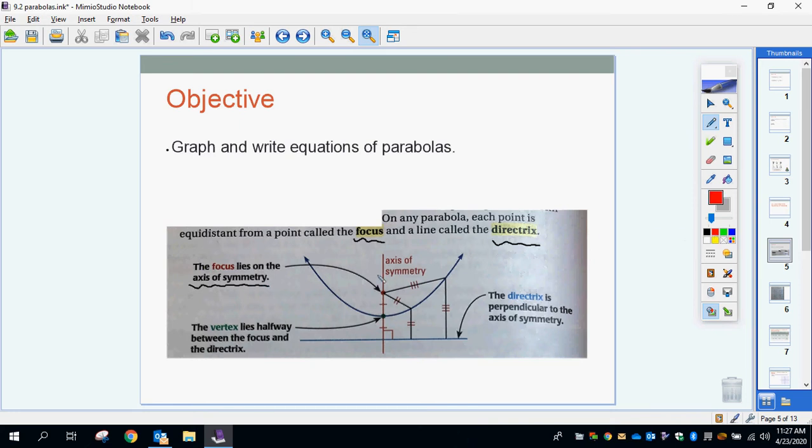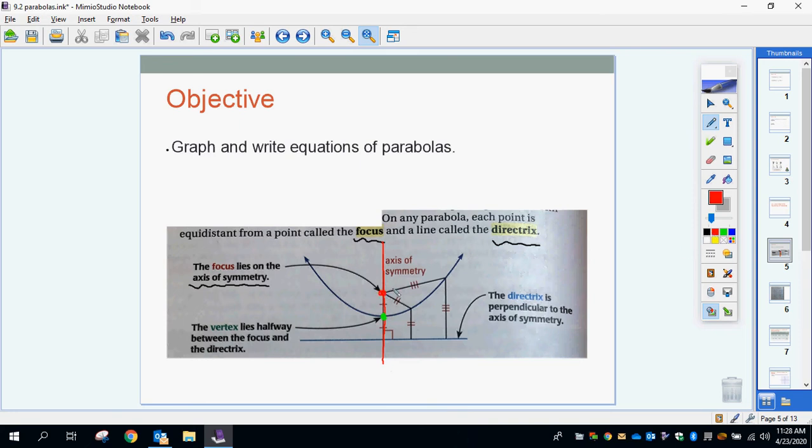Remember that the axis of symmetry goes through our vertex. Here's our vertex, the point that starts the curve from one way to another. So on our axis of symmetry lie the vertex and what we call the focus.